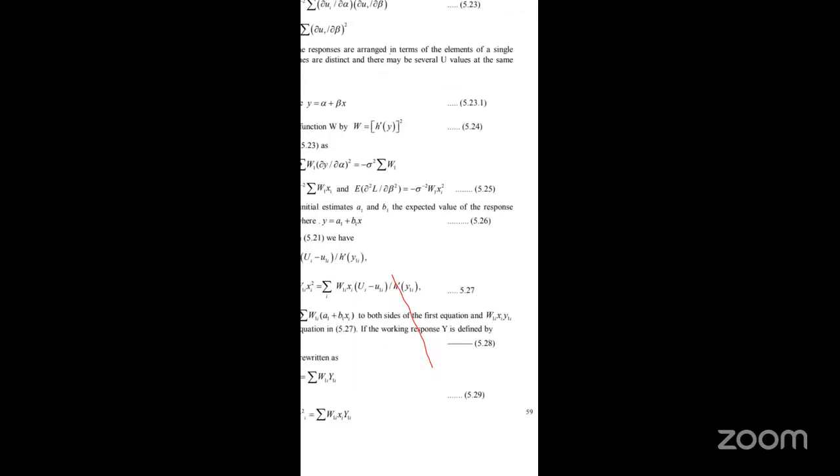Corresponding to the initial estimates a, b, the expected value of the response parameter capital Y is given by y = a + bx, where delta a summation w + delta b summation w x_i = summation w (u_i − u)/h(y), and delta a summation w x_i + delta b summation w x_i² = summation w x_i (u − u)/h(y).